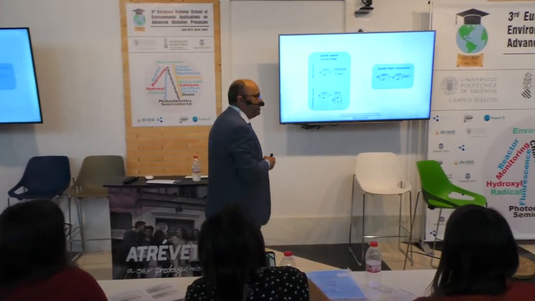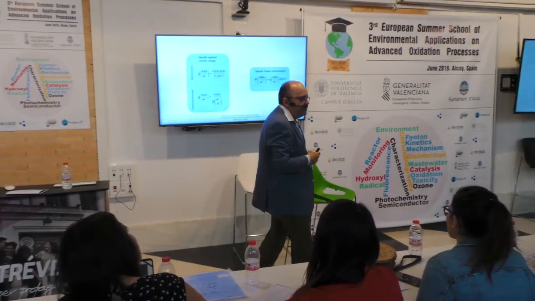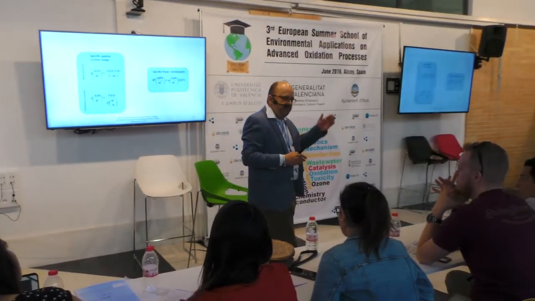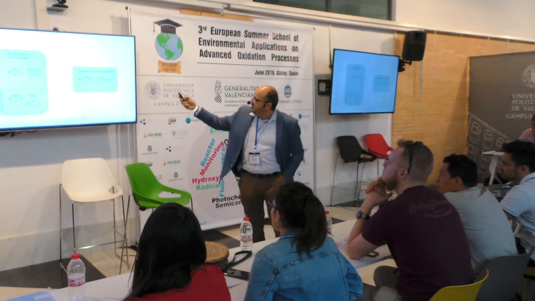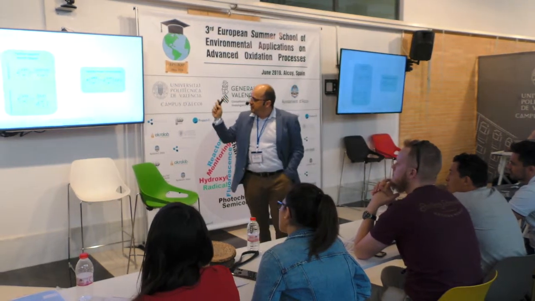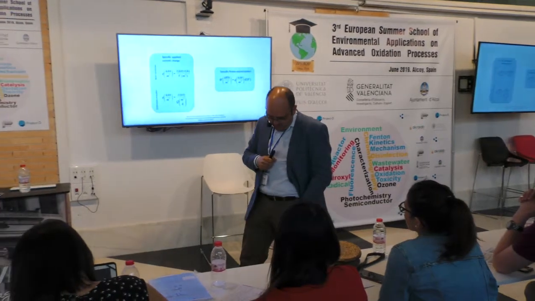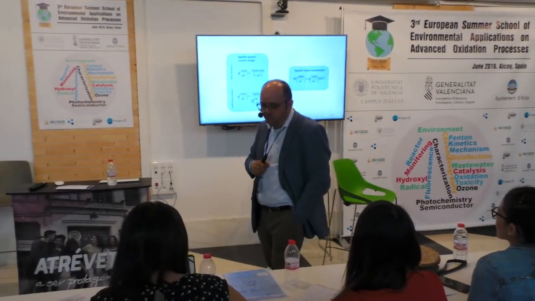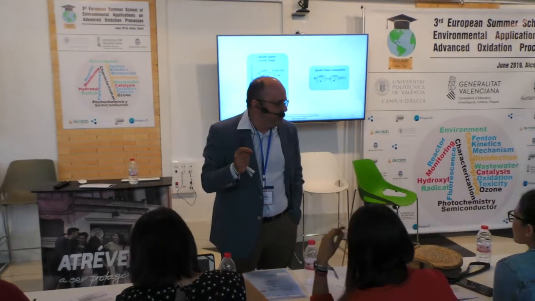More points. For me, time is not important in an electrochemical reactor, because I can do something in 5 minutes or in 1 hour. The key point here is the specific applied current charge. I mean, the ampere-hours per cubic meter that I'm using, okay?